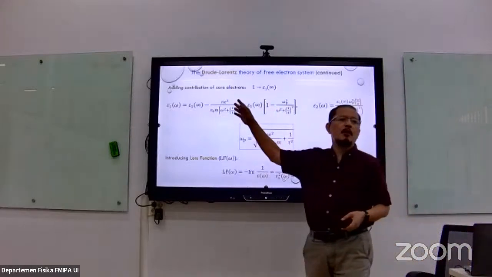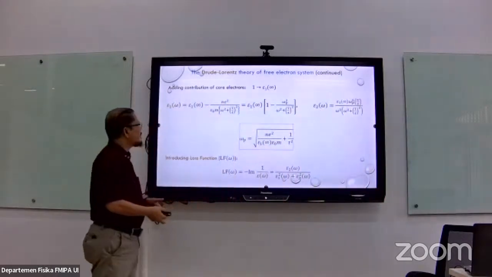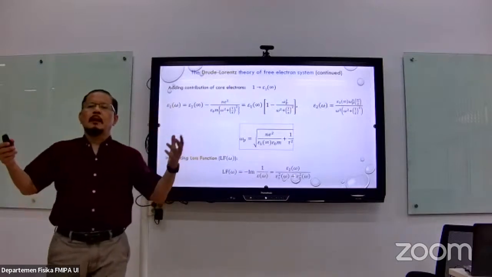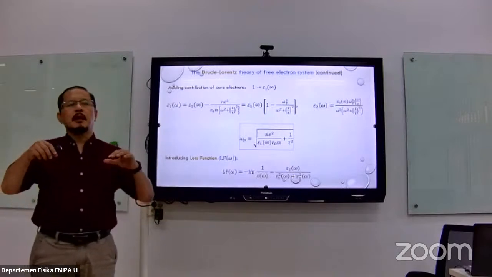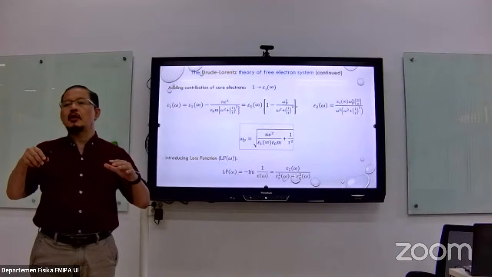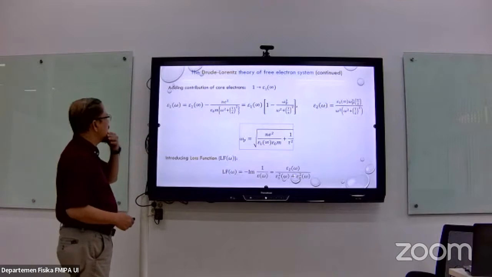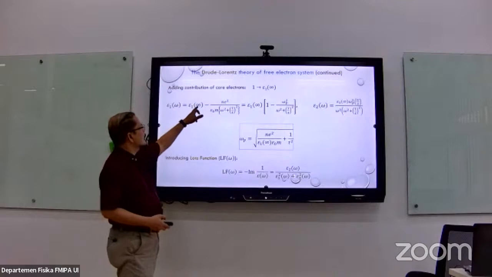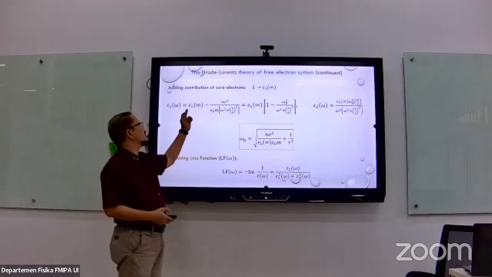Okay, just improve the model with some rough correction by adding the role of bound electrons, or electrons that are not so free, right? Let's say that's the correction that we want to add. The correction will go to what we had as 1 initially. Now we replace it with epsilon 1 infinity.